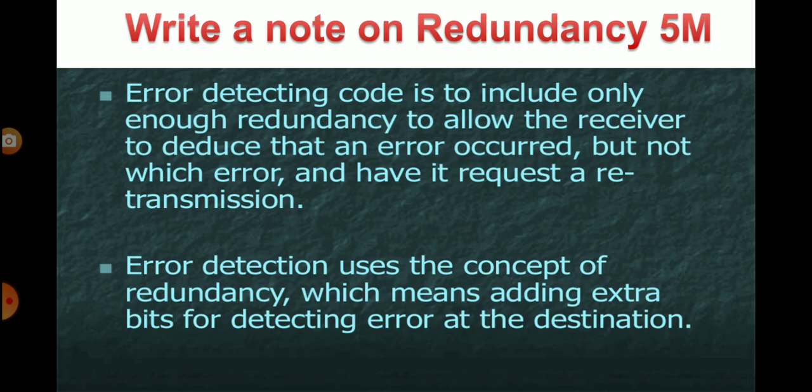Write a note on redundancy. An error detecting code includes only enough redundancy to allow the receiver to deduce that an error occurred, but not which error, and have it request a retransmission. Error detection uses the concept of redundancy, which means adding extra bits for detecting error at the destination.